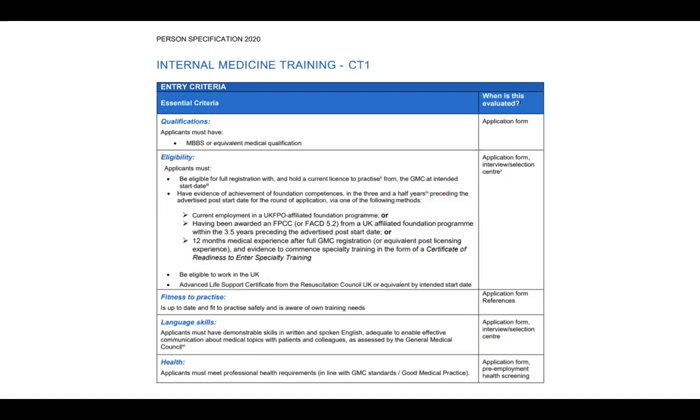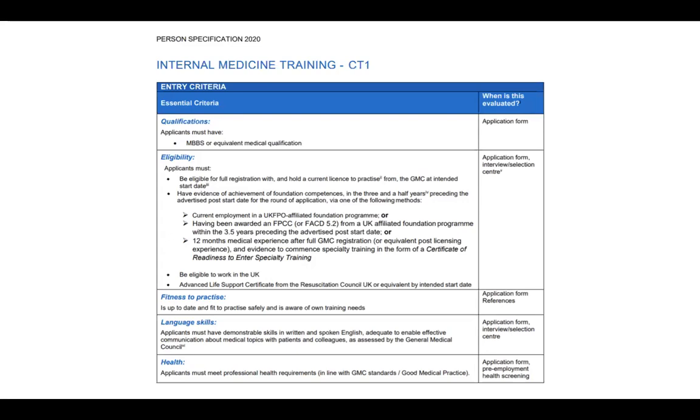And then also, you see, have the Advanced Life Support Certificate from the Resuscitation Council of the UK. The next aspect is that the applicant needs to have fitness to practice. This is in the form of references. And then in terms of language, I doubt any of you will have a problem with this.